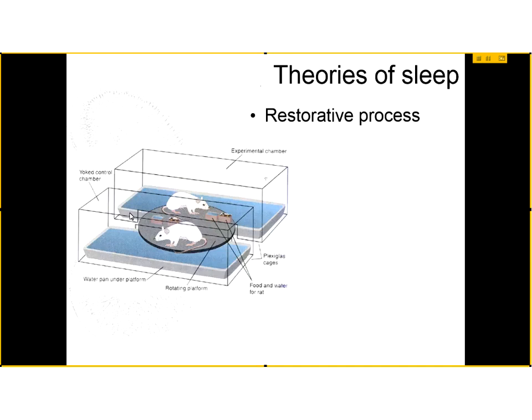One possibility is it's serving as a restorative function. So what happens if you start to deprive animals of sleep? Well, this study used an apparatus where you had two animals on a turntable. One was connected so we could record from the animal and detect when it would start entering sleep cycles by the EEG.